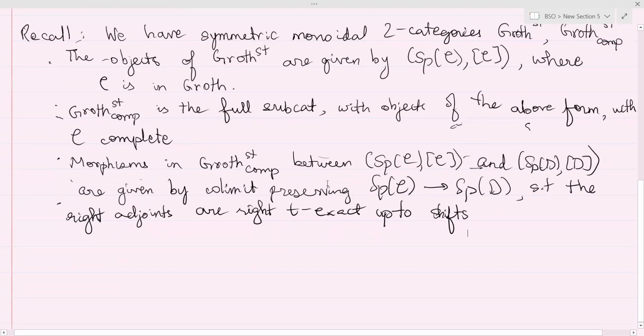Great. So maybe I'll say the next thing verbally, which is that a morphism between Sp of (C, C) to Sp of (D, D) is right adjointable if and only if the right adjoint of... oh sorry, I think I've confused myself.